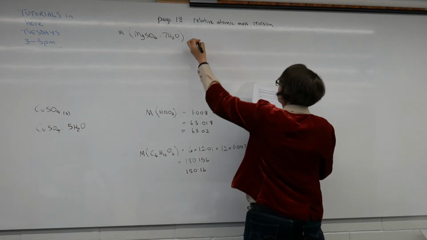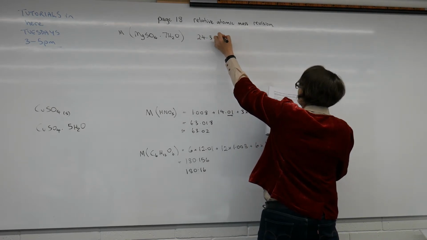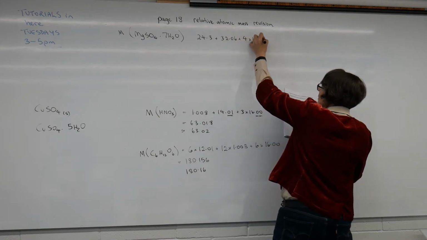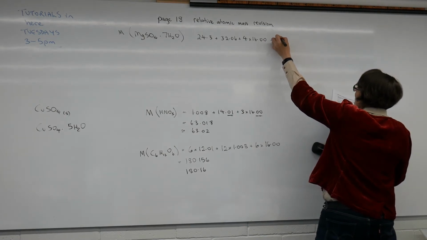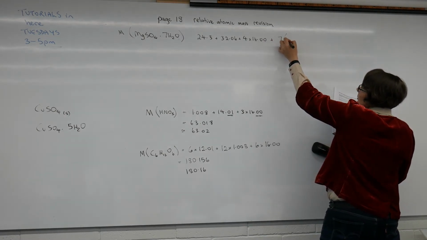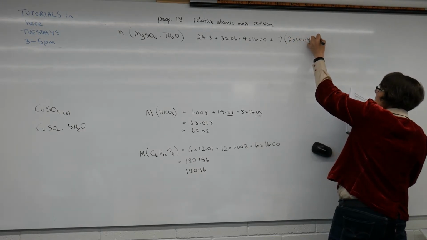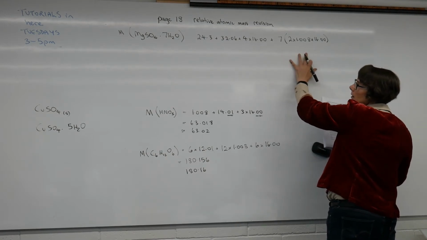So we want magnesium then, 24.3 plus sulfur, I think it's actually 32.06, plus 4 times 16, and then we can do 7 lots, so 2 times 1.008 plus 16. I don't really mind how you do that part.